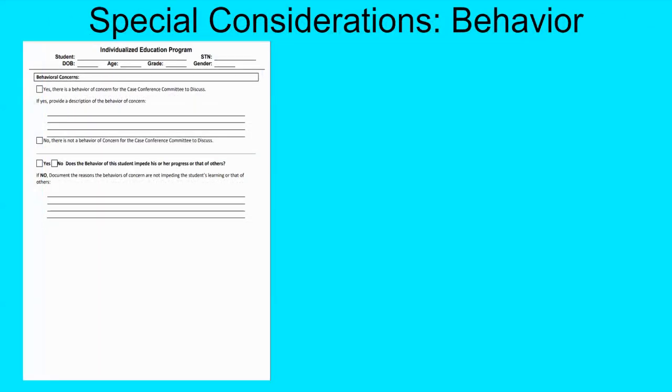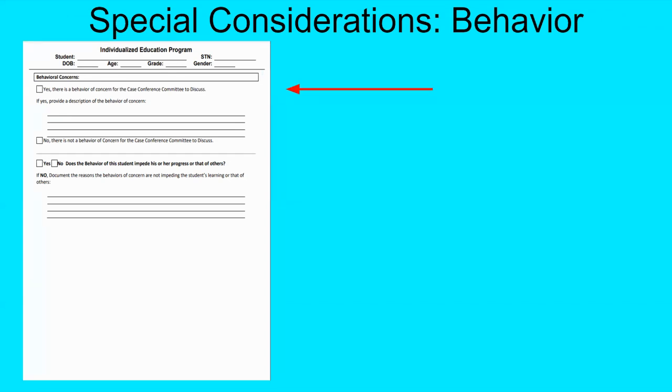The next section is behavior. So in this section, we're talking about behavior concerns, okay? If the student, your child, has a behavior concern, then we would mark yes. If the child does not have a behavior concern, then we would mark no, and we would move on to the next section.